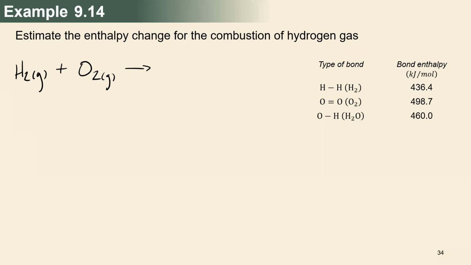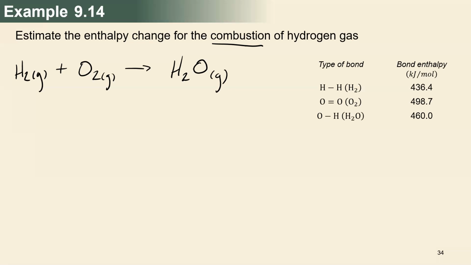Combustion always forms carbon dioxide and water. Yeah, carbon dioxide, water, that's what we think of. Do we have a source of carbon in our reactants? No. So then the only thing we're going to form is water, right?